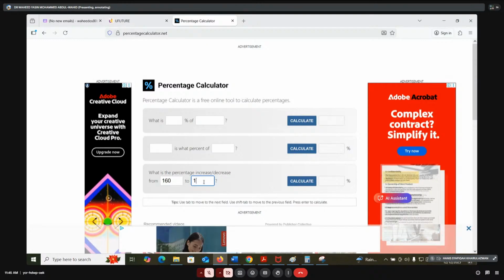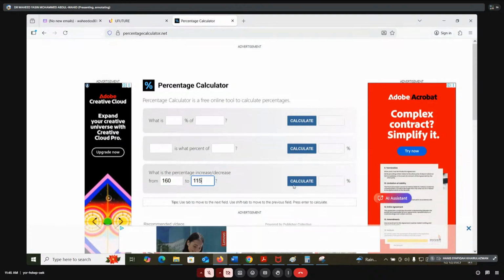In here, I use 115. So how much? So I compressed 28%.